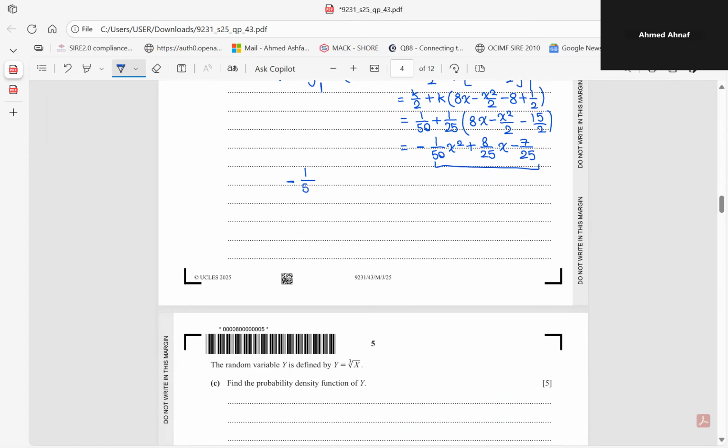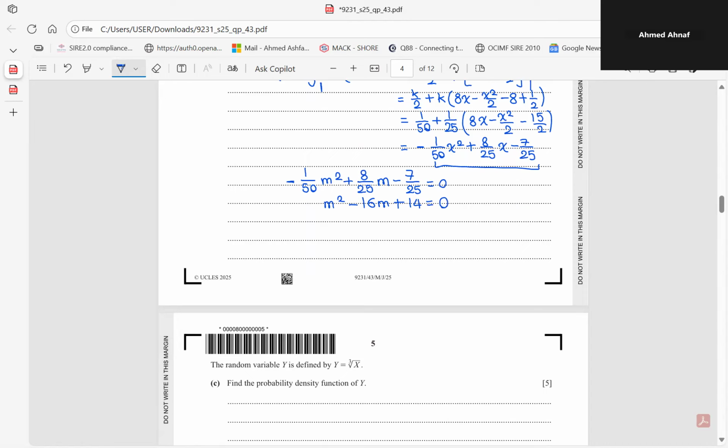So let's substitute x equals m. Multiplying by minus 50, you get m squared times minus 50 minus 16m plus 14.